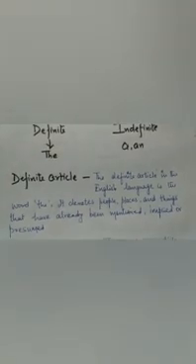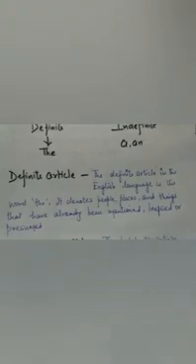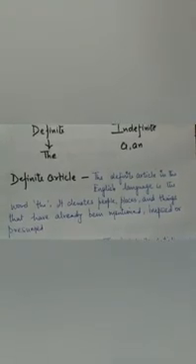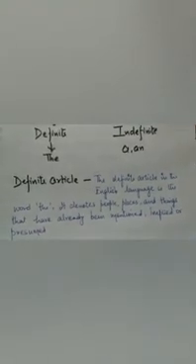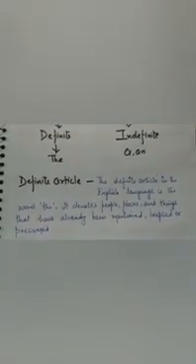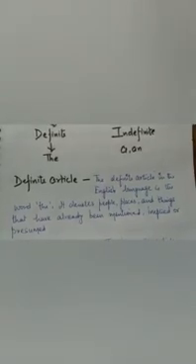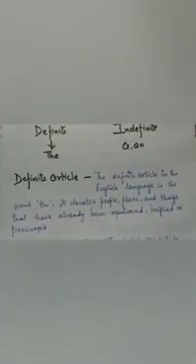So there is only one definite article, and that is the. It denotes people, places and things that have already been mentioned, implied or presumed. Means already they have been described, and when you use them again, the is used. That will make it a definite article.